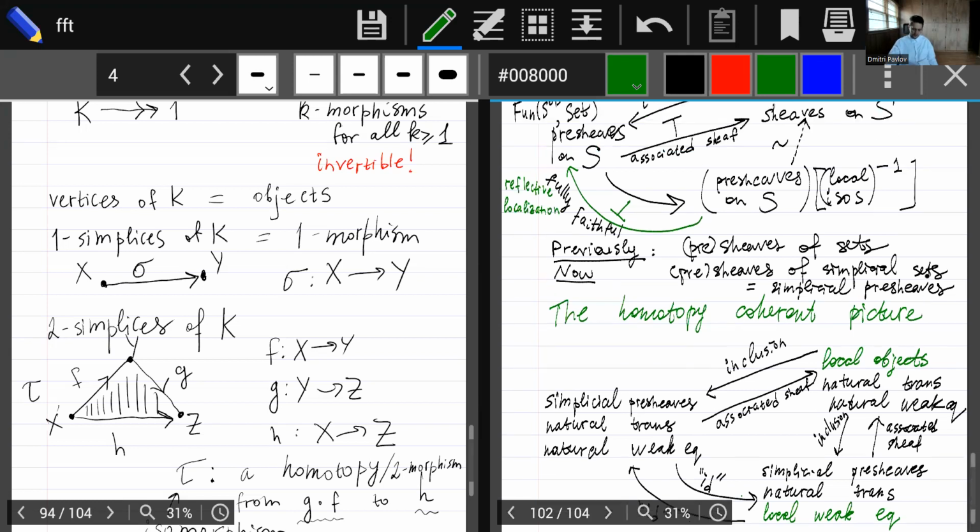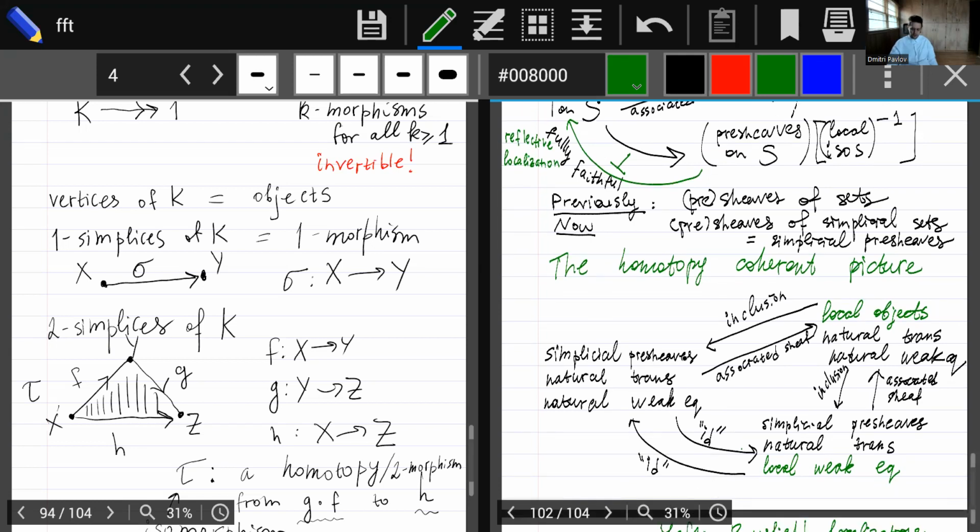And maybe we should start with discussing how pre-sheaves are generalized. So pre-sheaves will now be simplicial pre-sheaves, pre-sheaves of simplicial sets. Morphisms of pre-sheaves will be natural transformations.